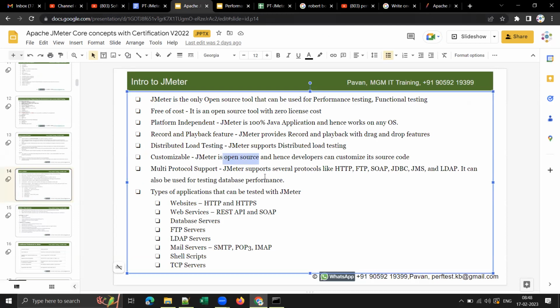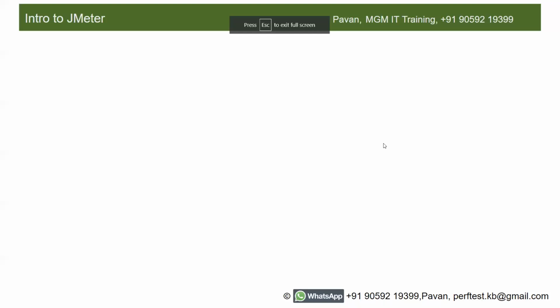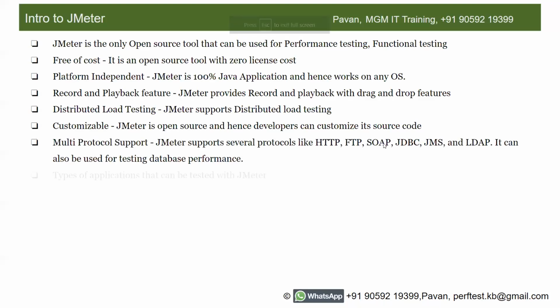Yes. And it supports multiple protocols, multi-protocol support. So JMeter supports multiple protocols like HTTP, HTTPS, FTP, SOAP, JDBC, JMS, and LDAP. It can also be used for testing database performance as well.